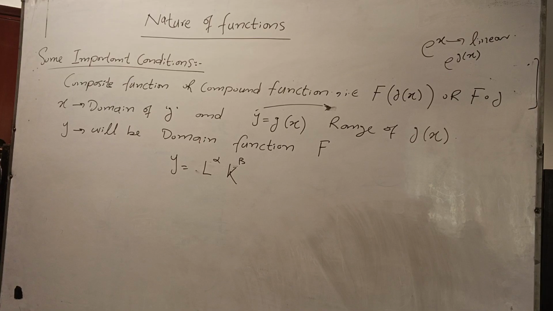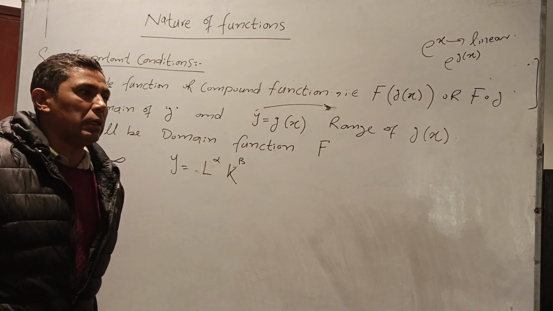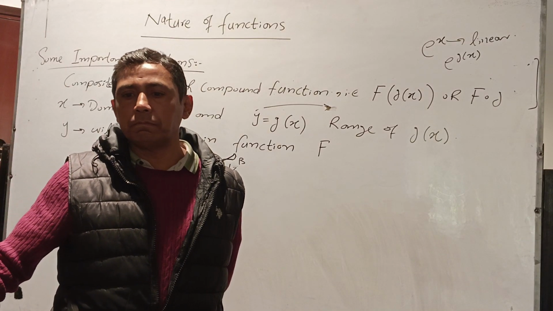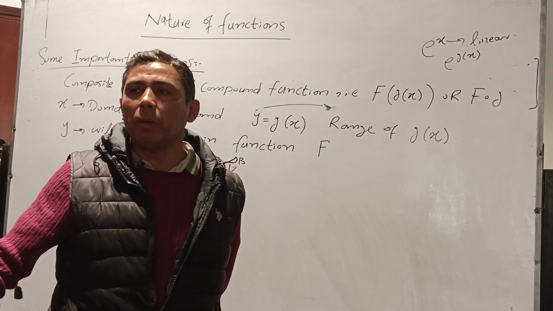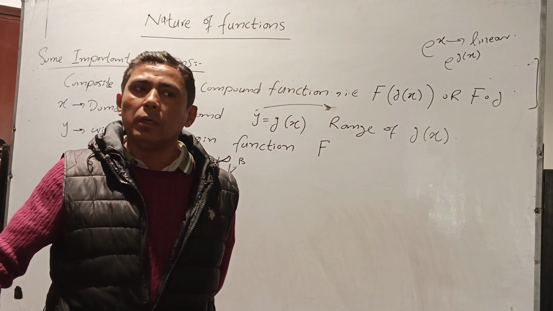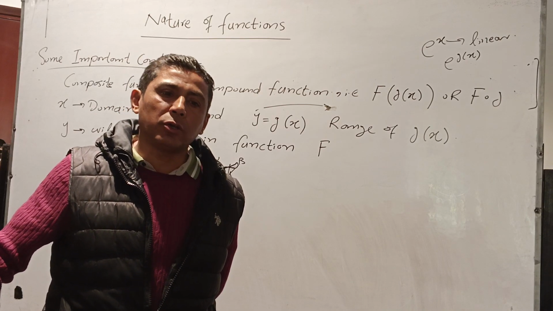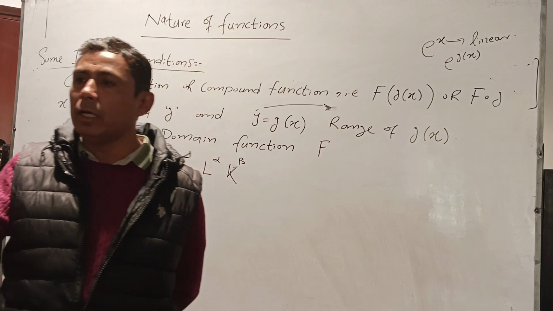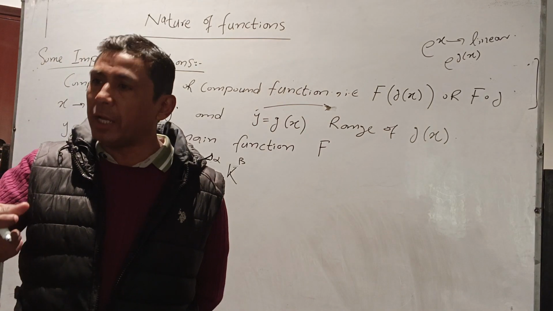And sometimes you have to take a log of this function. You have already discussed the concept of, for example, econometrics, and in econometrics you have to take a log of functions to find out the growth of any value.